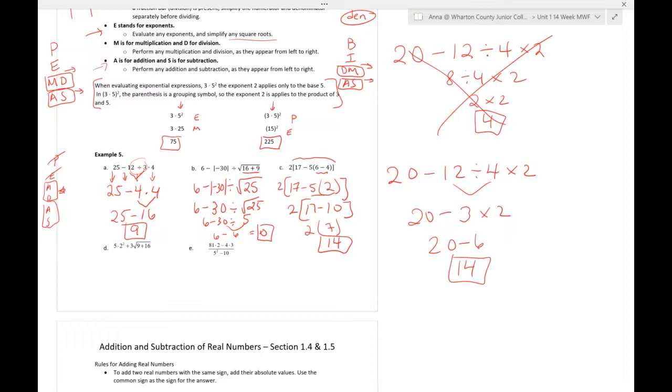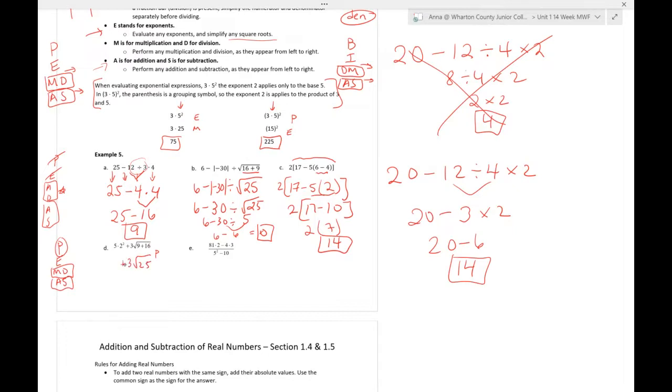For D, we are going to start with parentheses or anything that's grouped together. So that's going to be the grouping underneath the radical. So here we will have square root of 25.